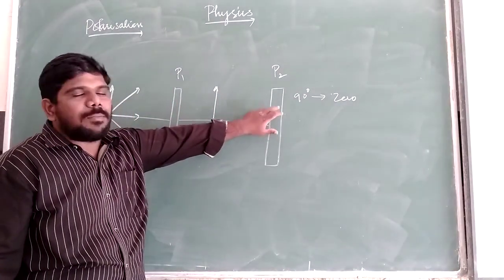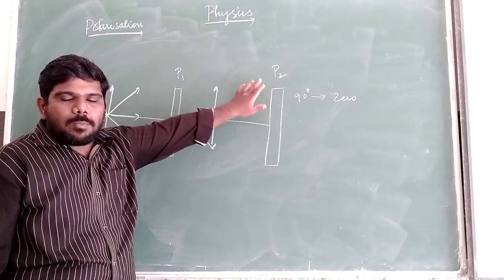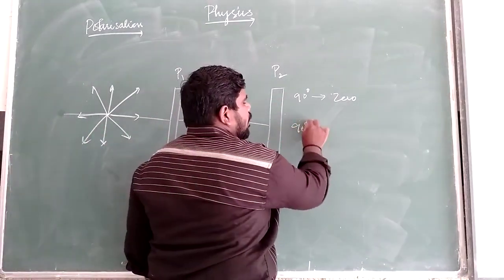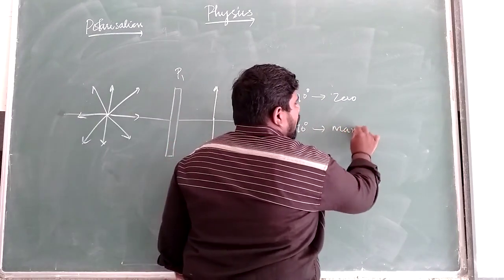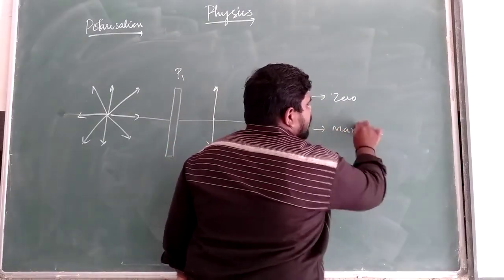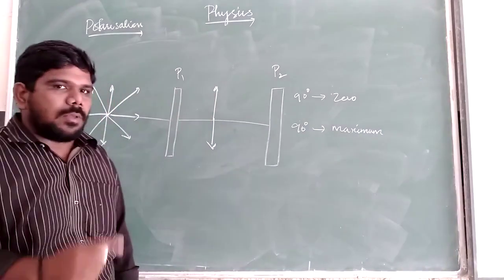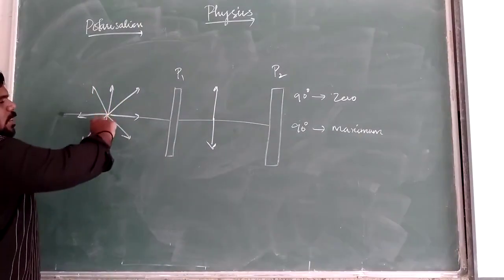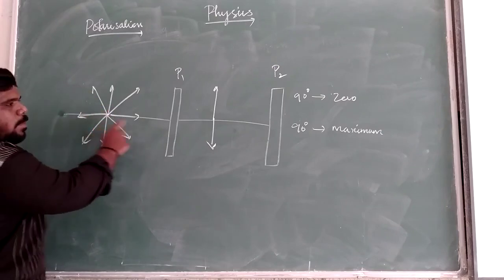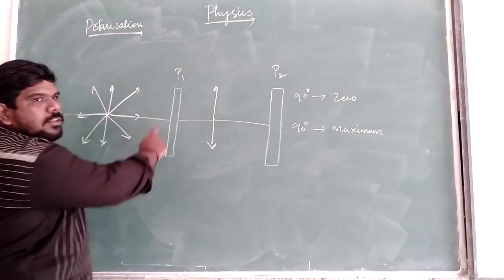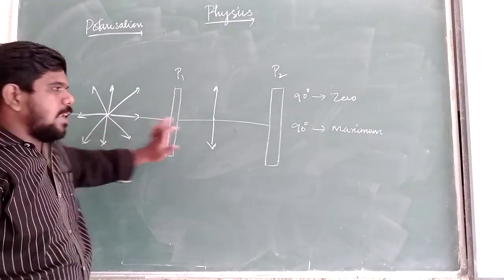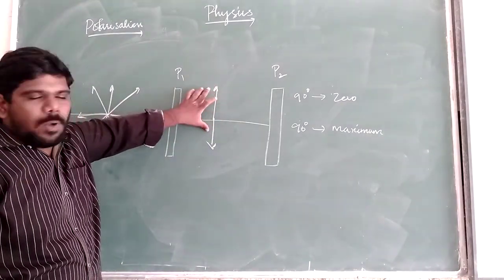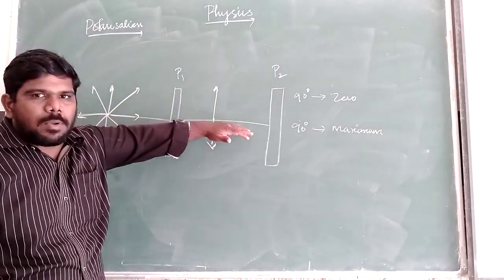Further, the polarizer is rotated once again through 90 degrees, and the intensity reaches maximum. So what are the points? Let us consider the unpolarized light vibrating in all directions passing towards the polarizer P1. The unpolarized light is converted into polarized light, because the plane of vibrations is now in one direction perpendicular to the direction of propagation.